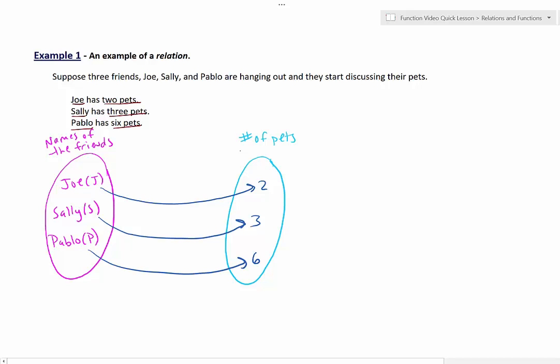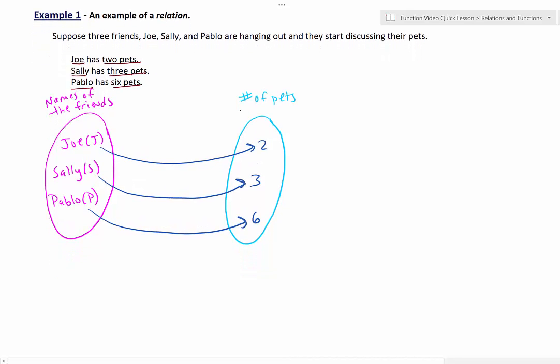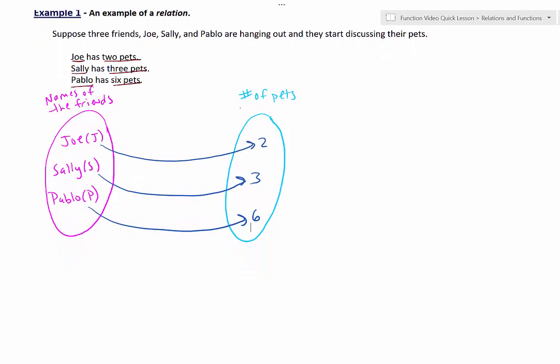Pablo, six pets. And this little silly diagram at least lets us have some visualization of the scenario with these people and the number of pets they have.